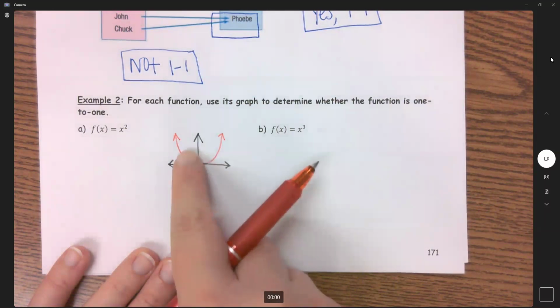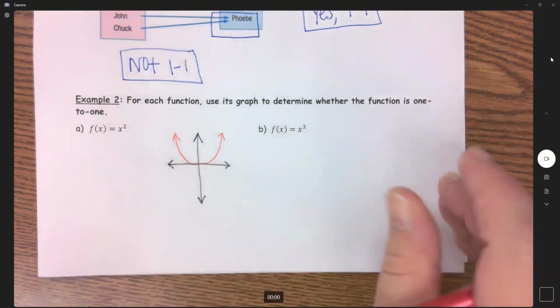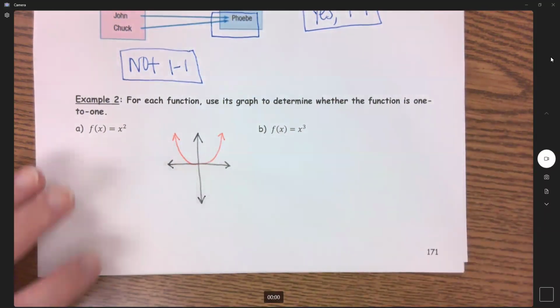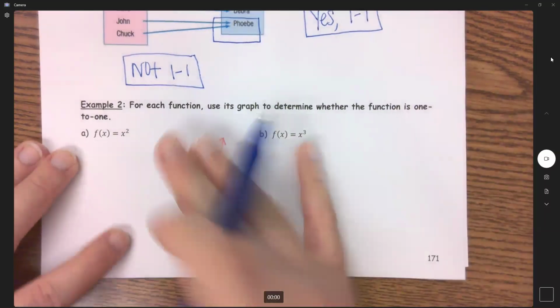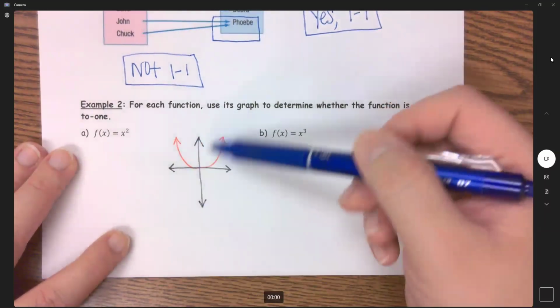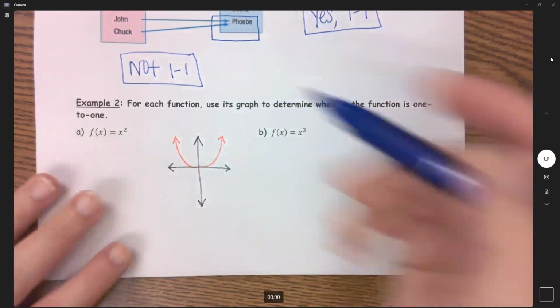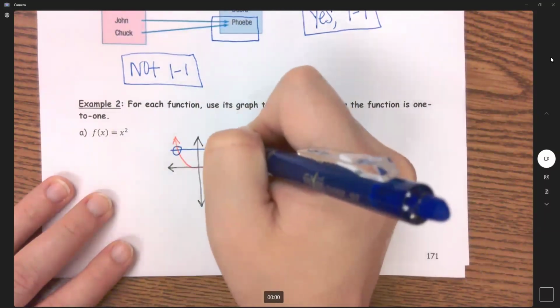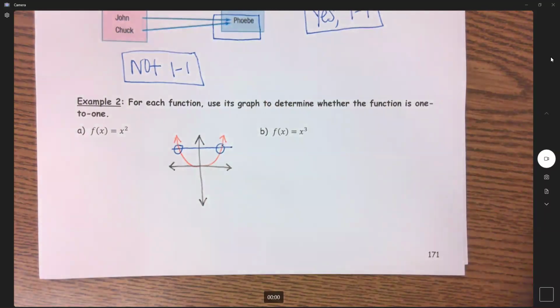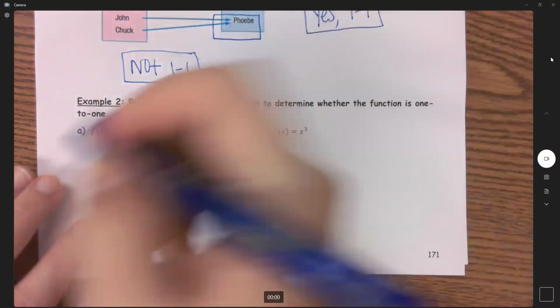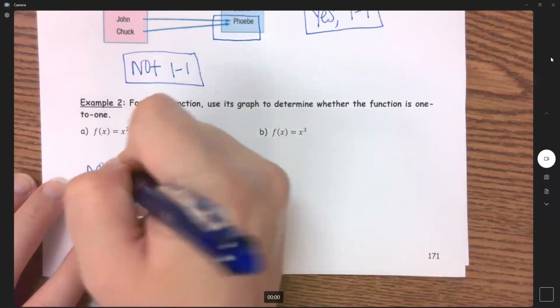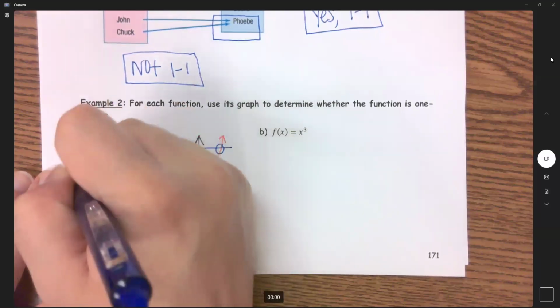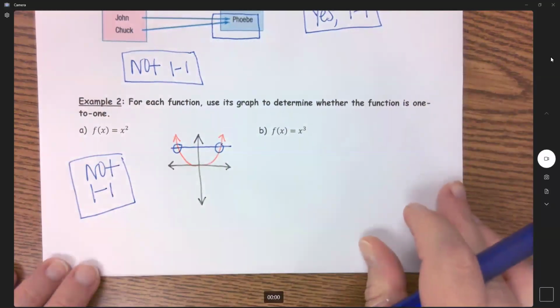That should be nice U-shaped, no horizontal lines there. And so we can again see it's a function. It passes the vertical line test, but does it pass the horizontal line test? And this one here is a no. It intersects the graph in two places. So this one is not one-to-one.